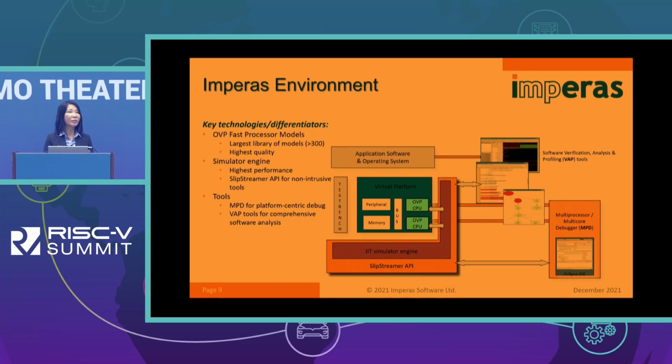We have dozens of tracing capabilities. It provides memory coverage, code coverage, and so on. And then your application software, the test bench, will connect to this whole environment. So we differentiate by having very fast processor models, very accurate simulation engines, really scalable APIs, and also high-end tools.